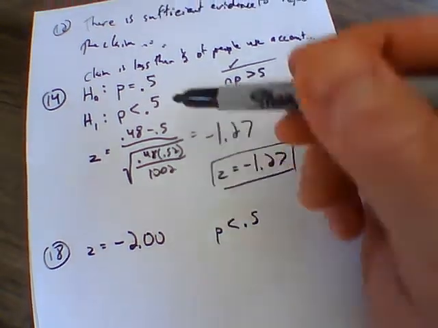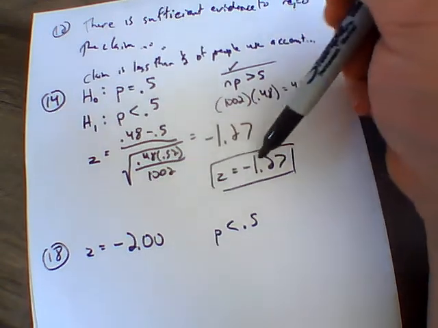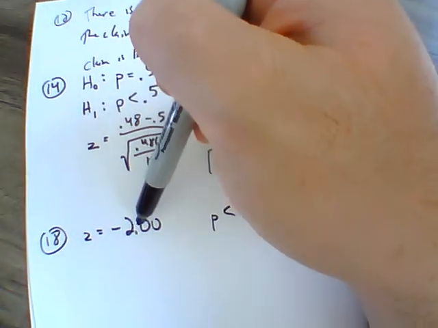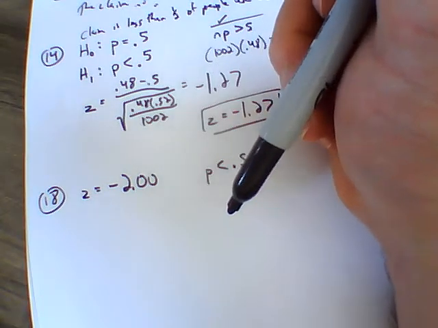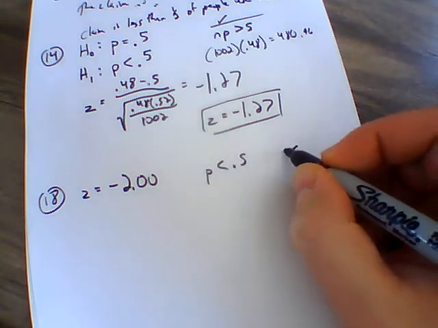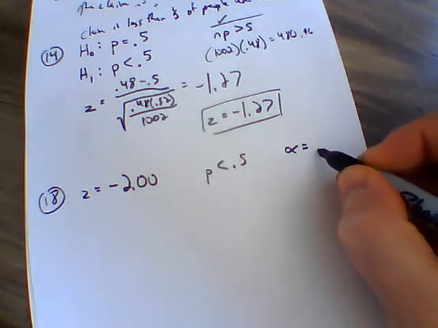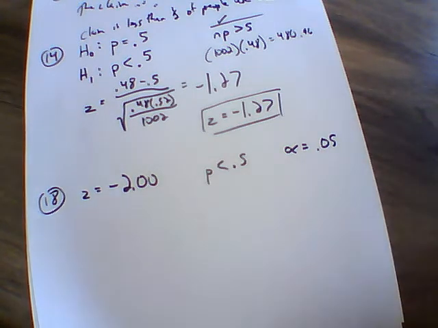Very similar to what's going on up here, but let's say our test statistic now is a negative 2.00. It's asking us to assume the significance alpha equals 0.05. We're going to use the given statement and find the p-value and critical values.